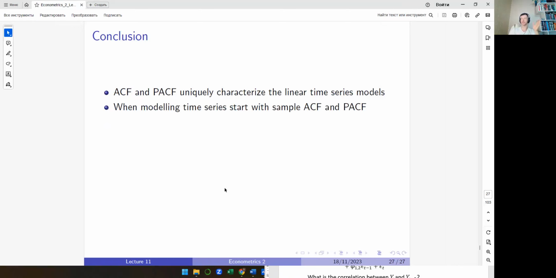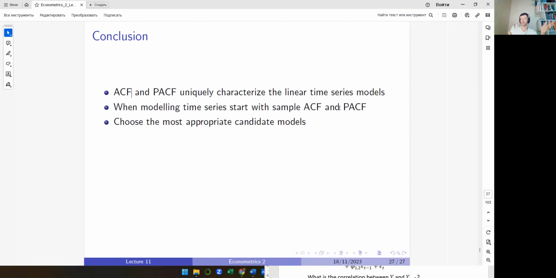This is the first necessary step. Then we choose the appropriate candidate models based on these two objects, remembering that either ACF cuts off for an MA model or PACF cuts off for an AR model.